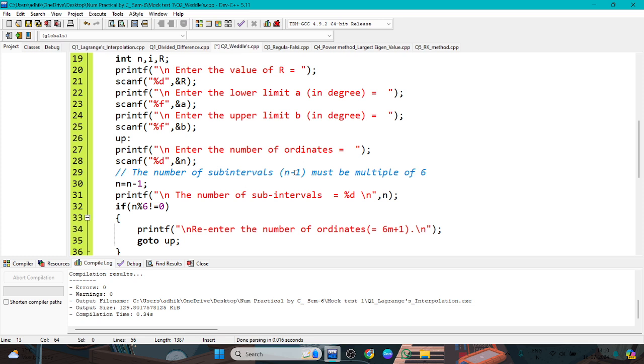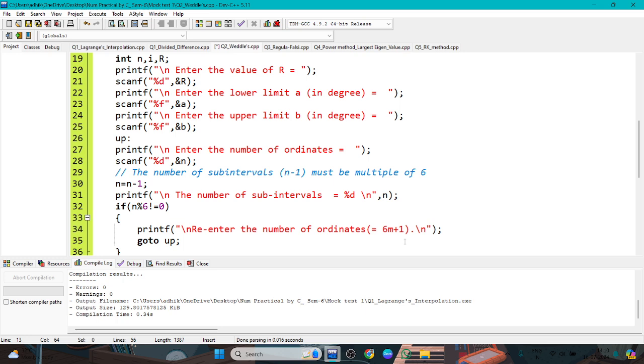So the number of subintervals is 18, and this 18 must be a multiple of 6 for Euler's rule. So n equal to n minus 1; the new value of n is the number of subintervals. Printf the number of subintervals is. If n is not divisible by 6, that is, modulo 6 not equal to 0, then re-enter the ordinates.